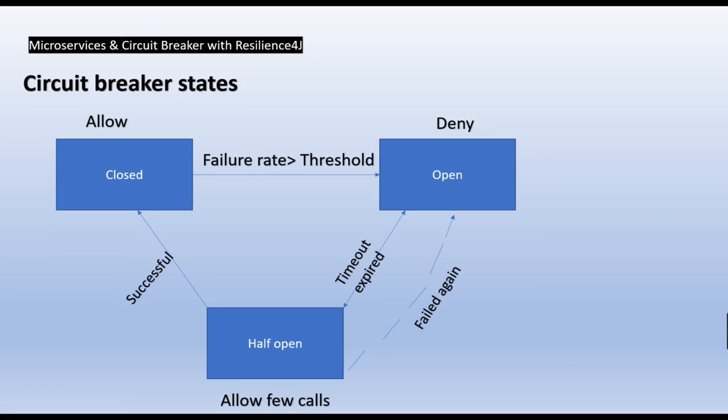That means if the service is in an open state, then it will deny. So failure rate greater than threshold, and whenever the number of requests is greater than threshold, automatically this service will be in an open state. So that is the reason it is a deny. Closed state means it will be allowed to hit the service. Open state means it would be denied.